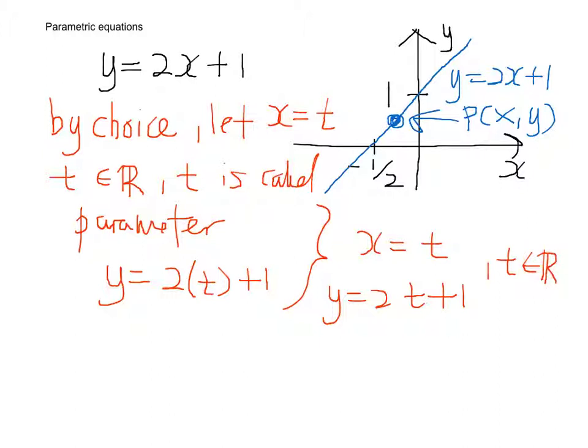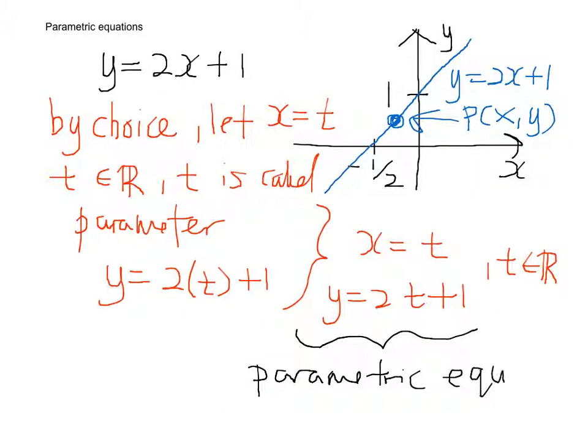And then this set of equations is called parametric equations. This is called the parametric equations of this straight line. It's the same as this function here, but in a different looking form, dependent on one variable, that is t. And this form here is called Cartesian equations.